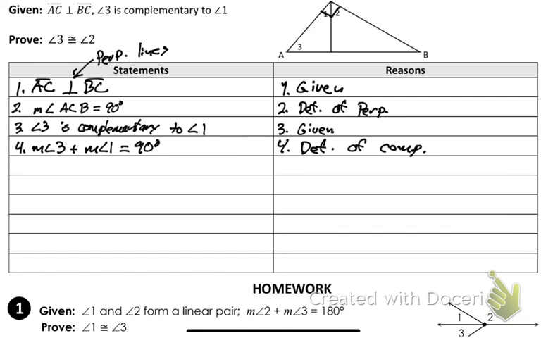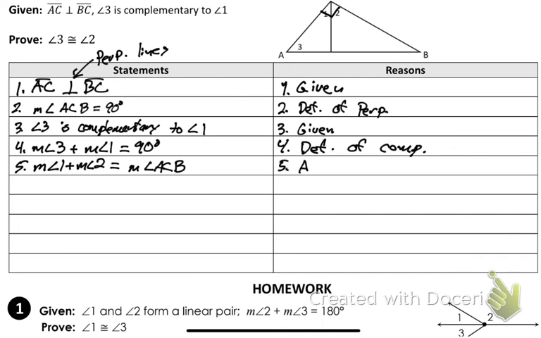What allows me to say an angle plus another angle equals the big angle? Yeah. The segment addition postulate. Not segment, but we're doing angles now. Oh, angle. Angle addition postulate. So my angle addition postulate is going to allow me to say measure of angle 1 plus measure of angle 2 equals the measure of angle ACB.